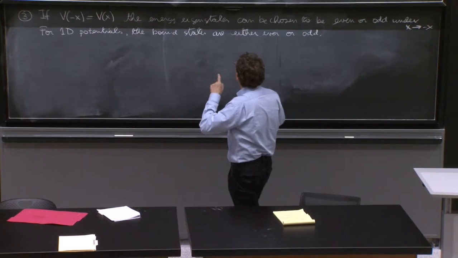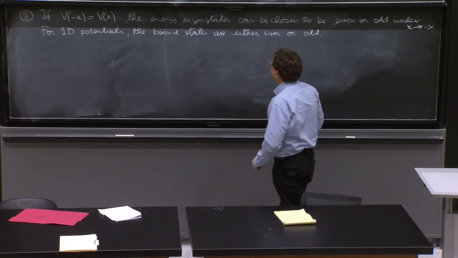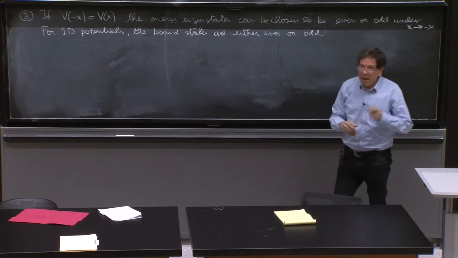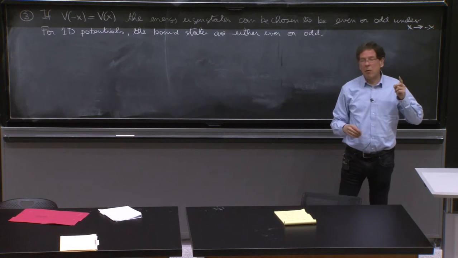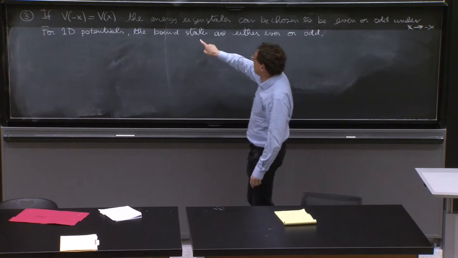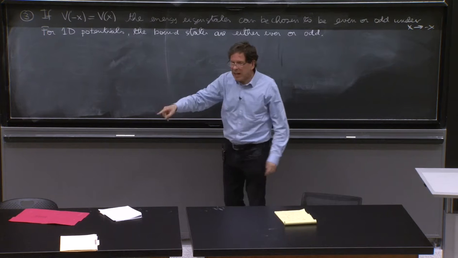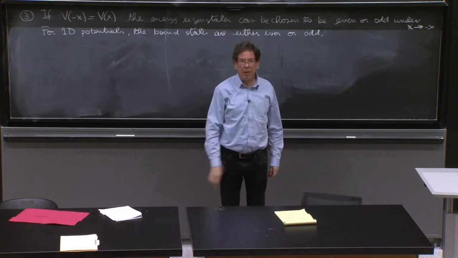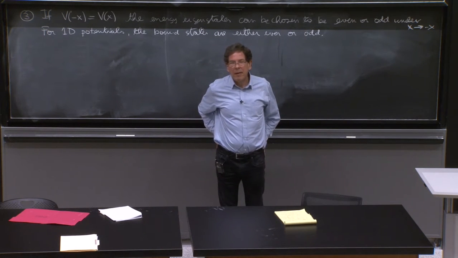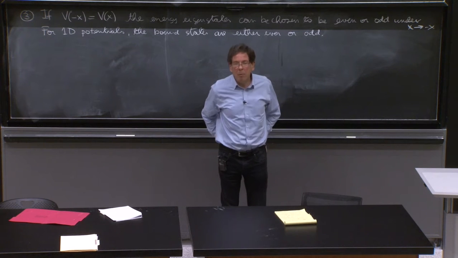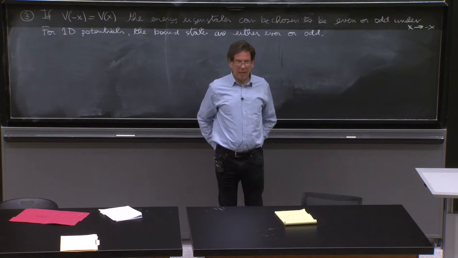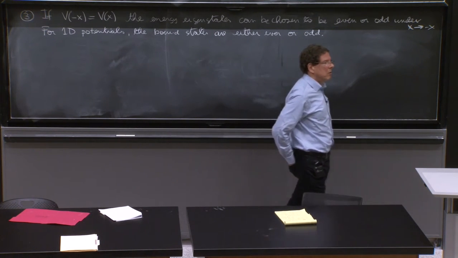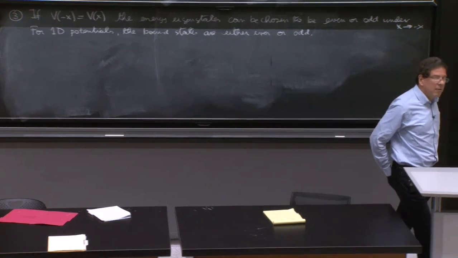You can always choose to be even or odd. But if you have a one-dimensional potential, there's no such solution that is neither even nor odd. You cannot find it. It will be automatically even or odd, which is kind of remarkable.